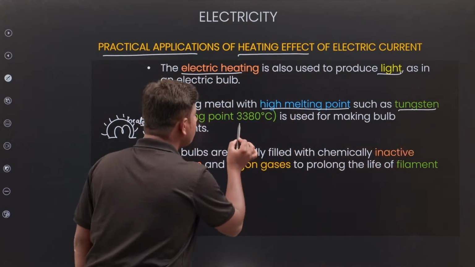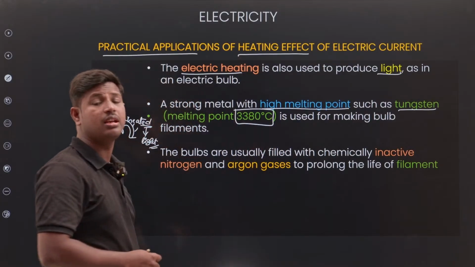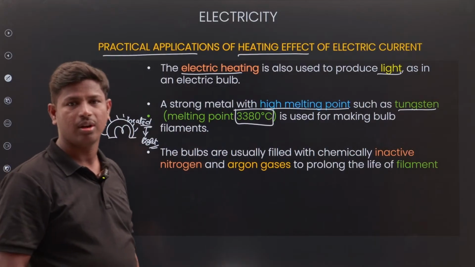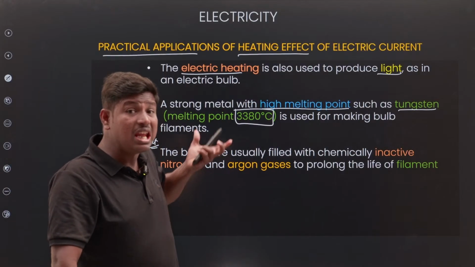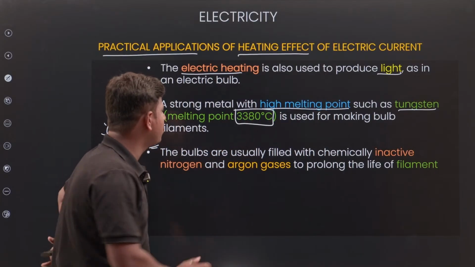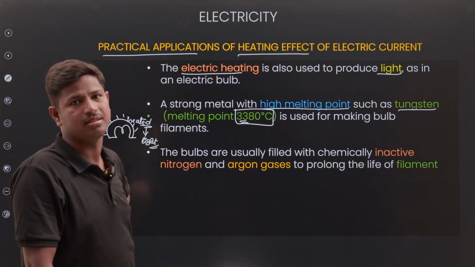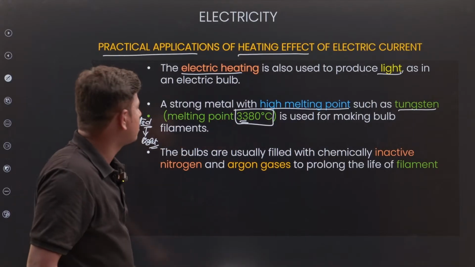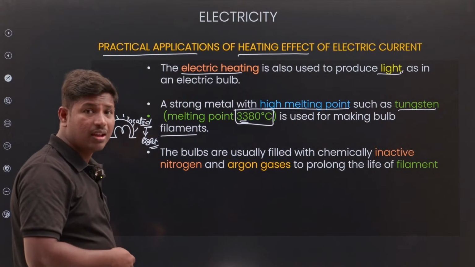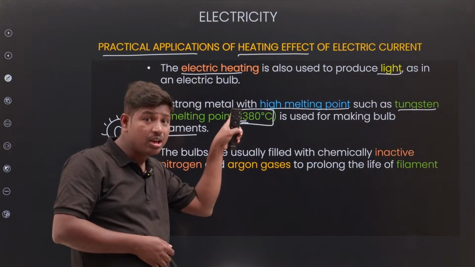See how the melting point will be 3380 degrees Celsius. The melting point is very high. How much is the melting point of the tungsten used for the filament? 3380 degrees Celsius.